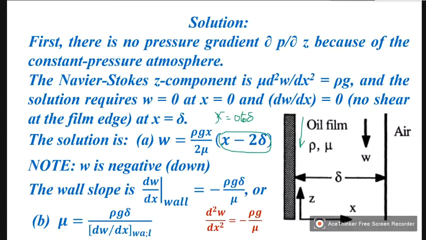Okay. Now, you are supposed to relate mu. You are supposed to find out an expression for mu. So, what we know is dW by dx: you differentiate, and substitute x is equal to 0.